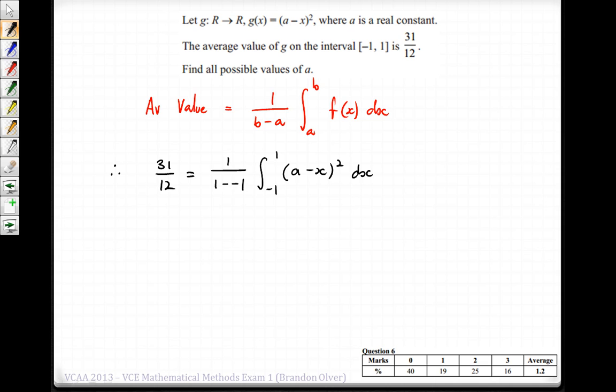So what we can do now is you could either remember how to integrate a linear function raised to a power, or we could just expand that.